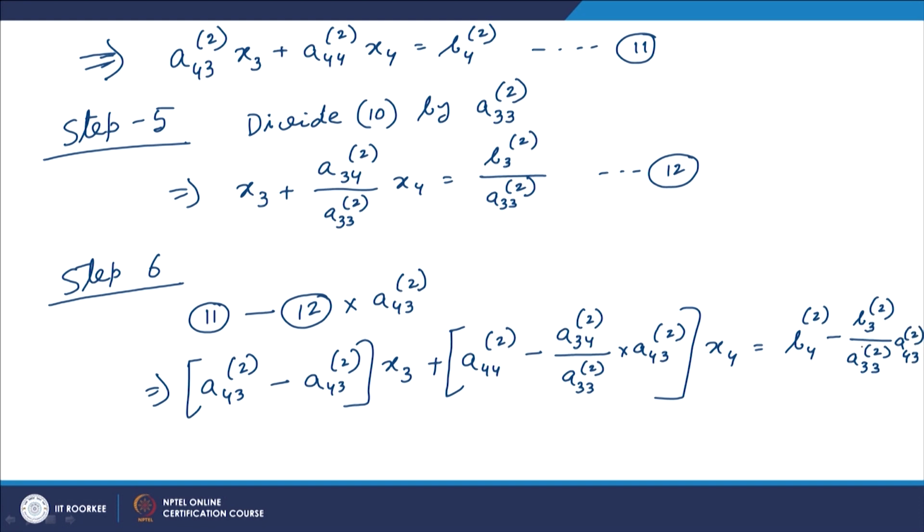So, from this equation x3 is gone. So, we can say that this is A44 third updated value into x4 is equal to, let us say, B4 third updated value. So, this is equation 13.